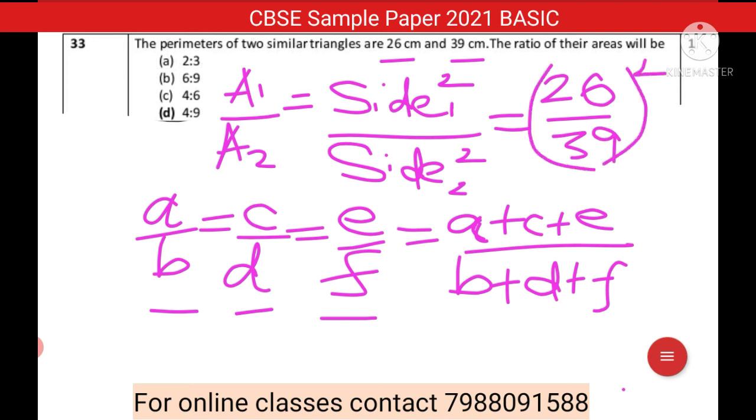And if I cancel it out, I get 2 by 3 whole square, that is 4 upon 9. So D is the correct option. See, 2 by 3 option is also present here just to confuse you, but D will be the correct answer. I am repeating this concept that if A upon B is equal to C upon D is equal to E upon F, then this is also equal to the sum of numerators upon sum of denominators.